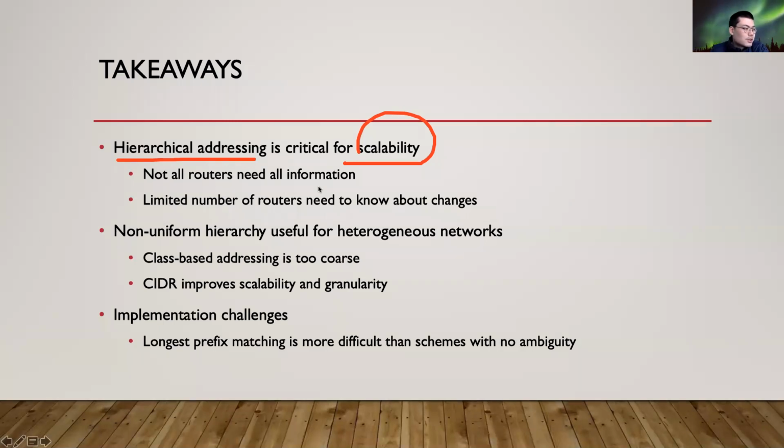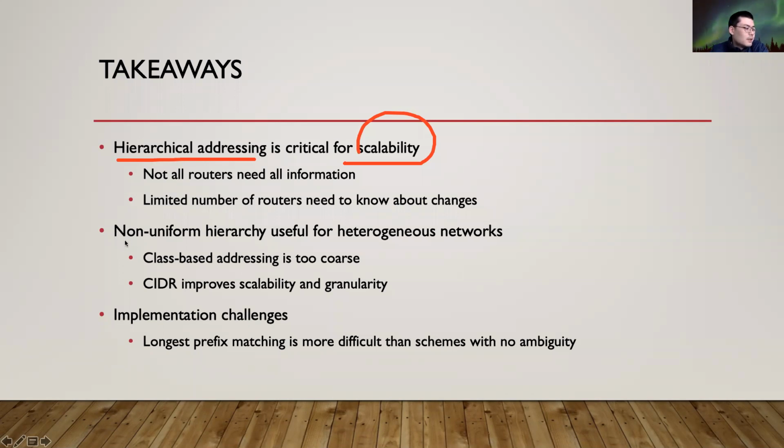For your local router, you just need to know which outlet you go to the backbone, and maybe you only have a few outlets. There's a limited number of routers that need to know about the changes. If you are in Birmingham, you don't care about some localized changes in, for example, California, until you have to communicate with them.